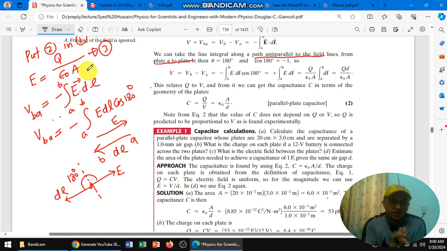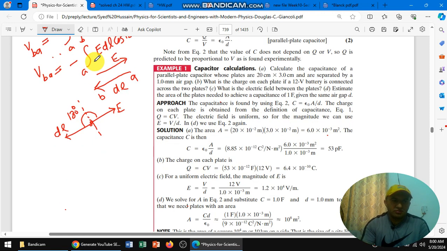Cos 180 is minus 1, so VBA is equal to minus the integral from A to B of E dl times minus 1.